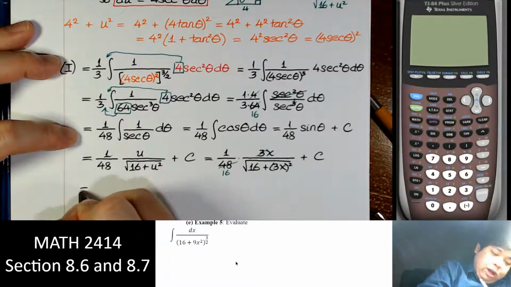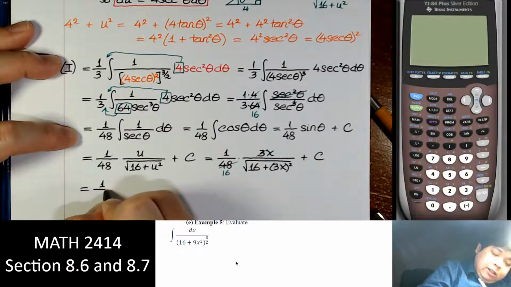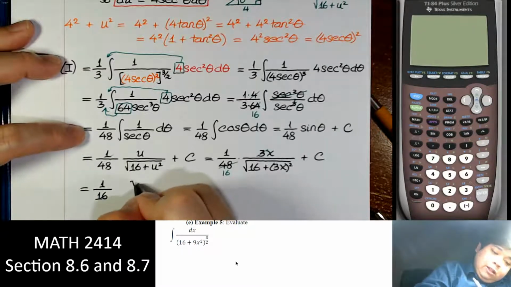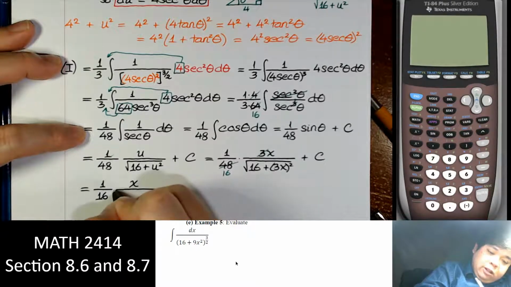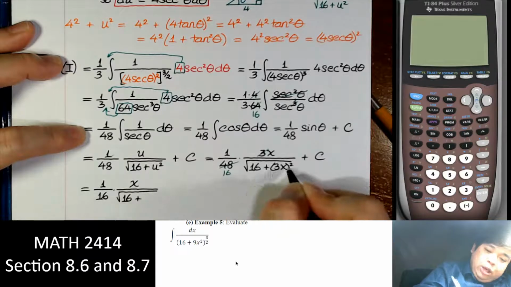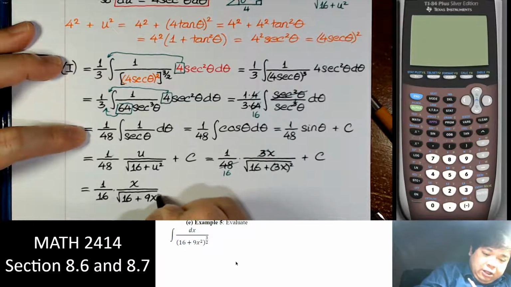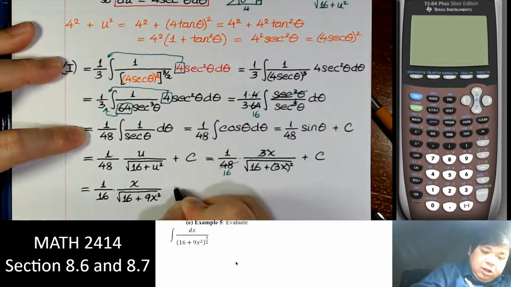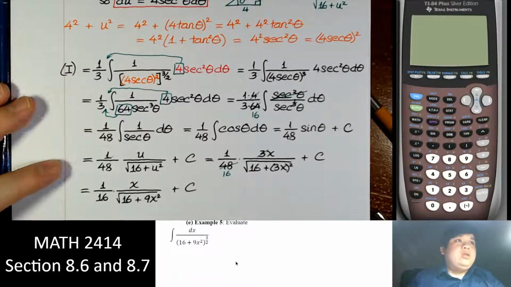So bottom line is we have 1 over 16, x over square root of 16 plus 3x squared would be 9x squared, plus c. Right, so that's what we have.